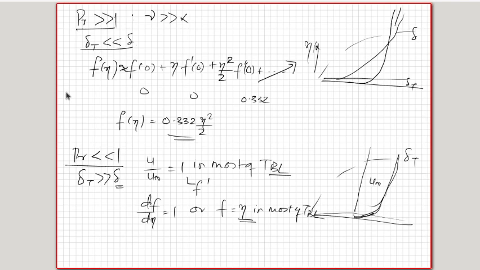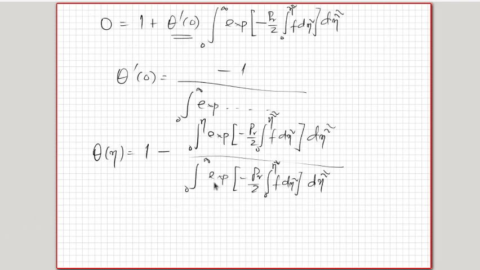That is, for Prandtl number much greater than 1, we would use f as 0.332 eta square by 2 in that integral, and for Prandtl number much less than 1, we'll use f is equal to eta in this integral. So for Prandtl number much greater than 1, if I substitute that, this actually becomes 0.332 by 2 into eta squared d eta.